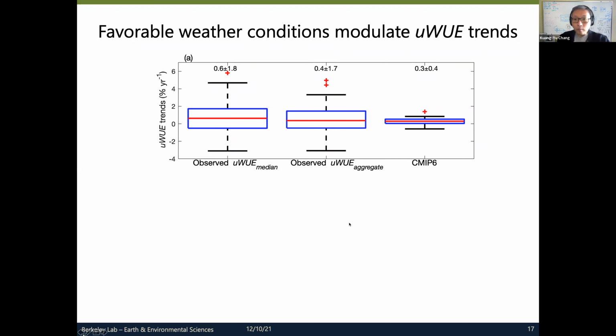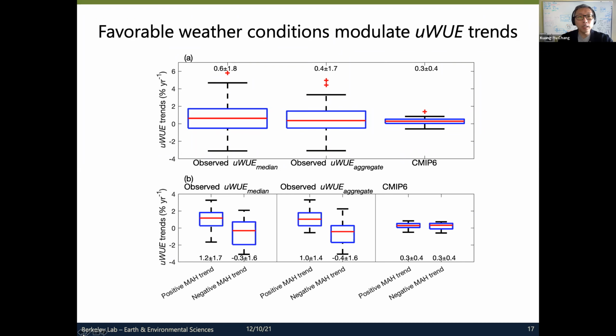And interestingly, if the 40 sites are grouped into sites with positive or negative MAH trends, the observed underlying water use efficiency trends become much stronger for sites showing positive MAH trends and weaker for sites showing negative MAH trends.